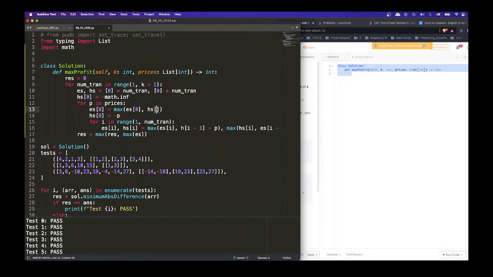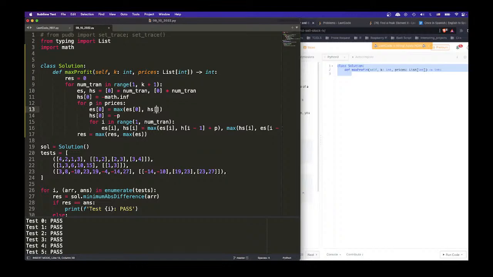For each price, so we have the initial value, and then for each one, hold on, let me think again.